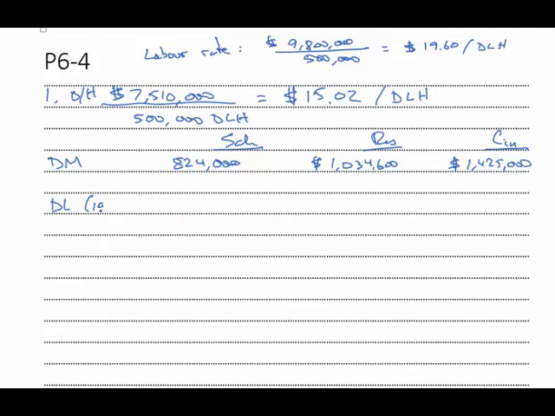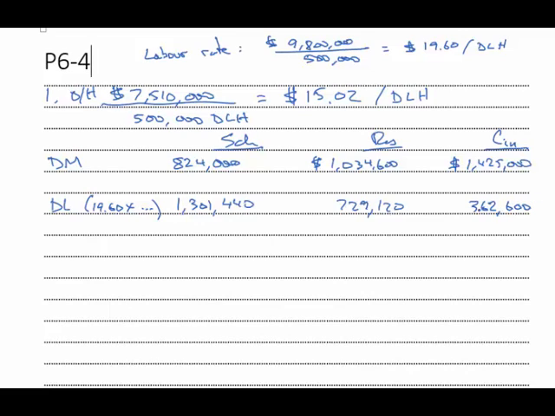So this is 19.60 times, for schools, 66,400, and so that should be 1,301,440. For residential, 729,120, and for cinema, 362,600.